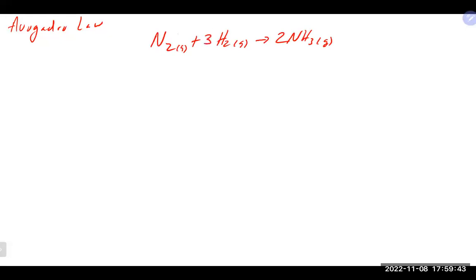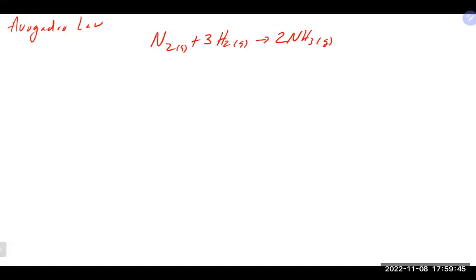One last thing about gas stoichiometry before we move on, that we talked about earlier, just to revisit here, which was the relationship that we see with Avogadro's law. So if we had a reaction such as this one here, we'll do a 2 there and a 3 there.